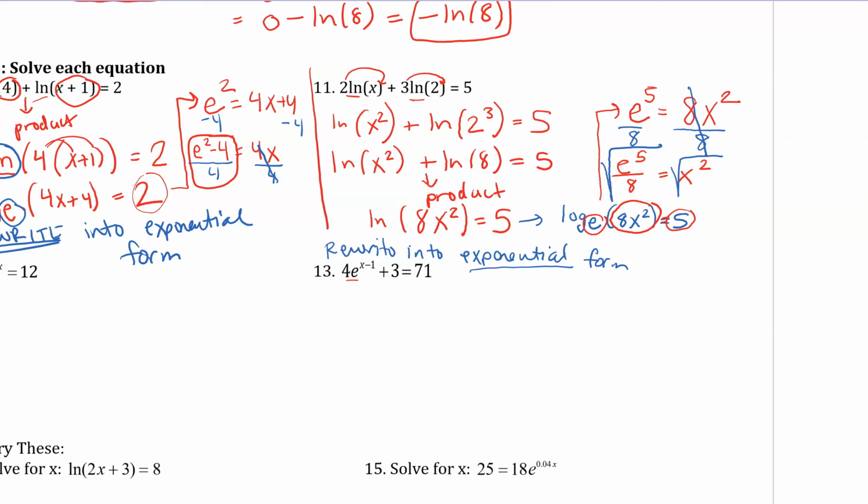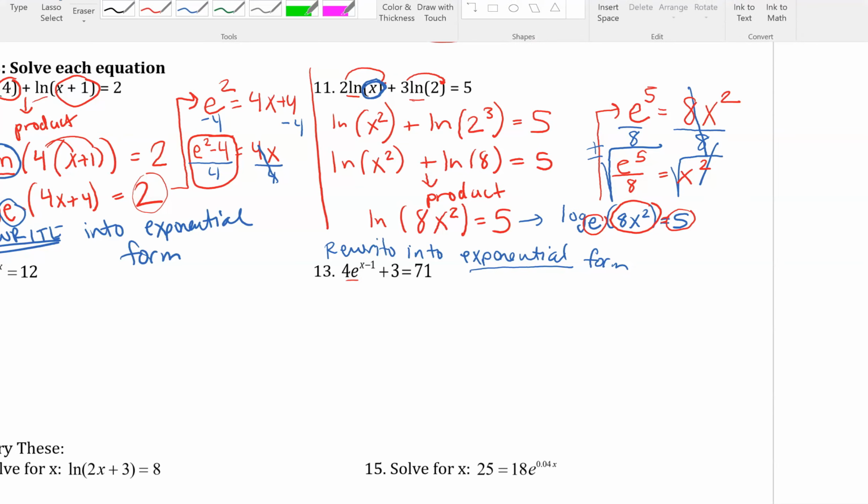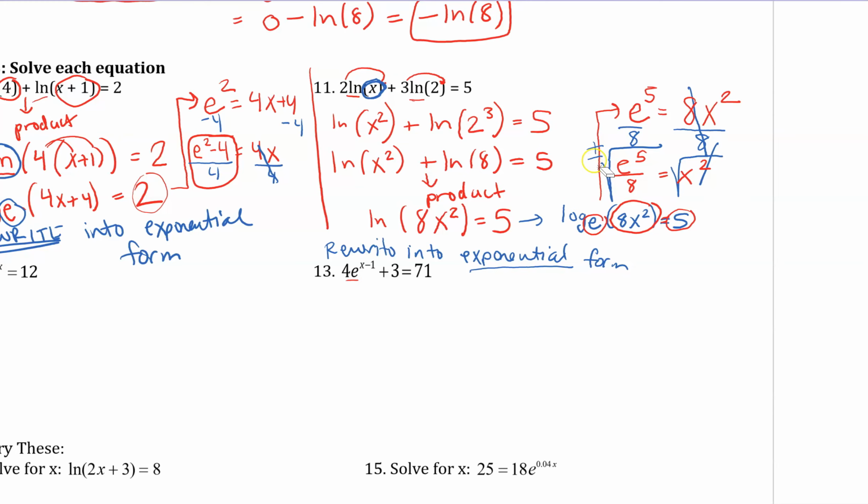I'm using an e to the x inverse, and then I'm using a square root to cancel out the square. Now normally we would do plus or minus, except that when you're looking at a value of x that is also inside of a natural log, it's the domain of a natural log, we can't allow that to go negative. So in this instance, I'm only going to want the positive root.